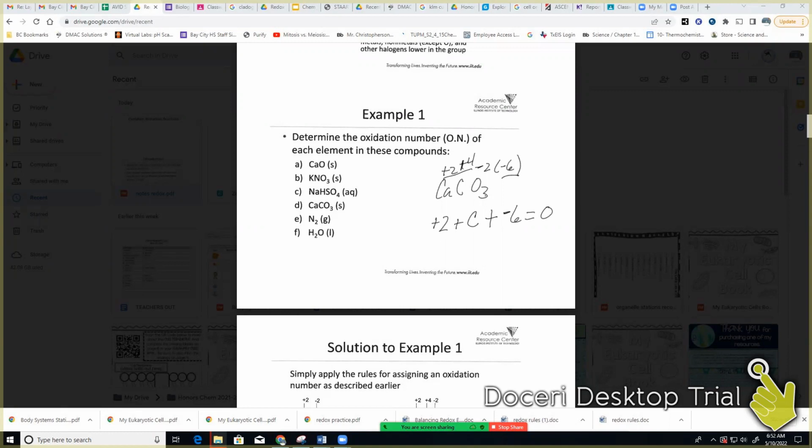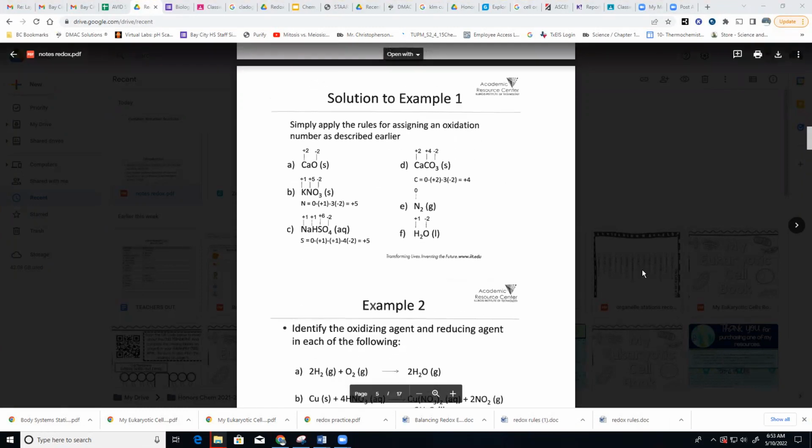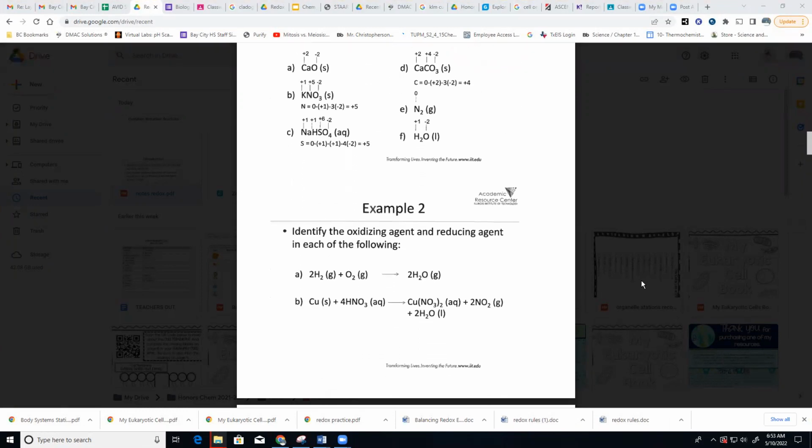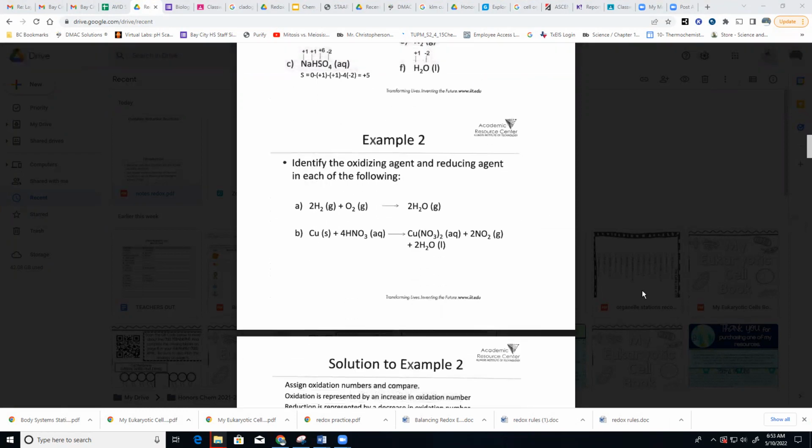So when I solve, I start off with a -4. When I add these two together, bring it across, and that's where I get my carbon is equal to 4. All right. So that next page is just showing those examples that I already went through on that.